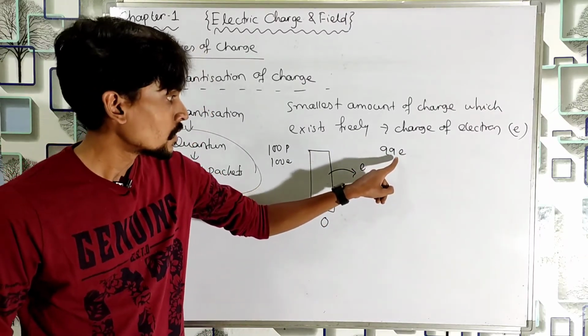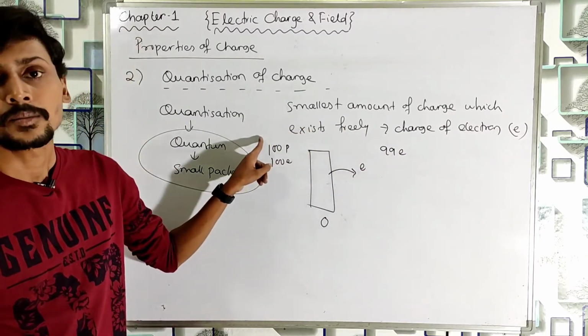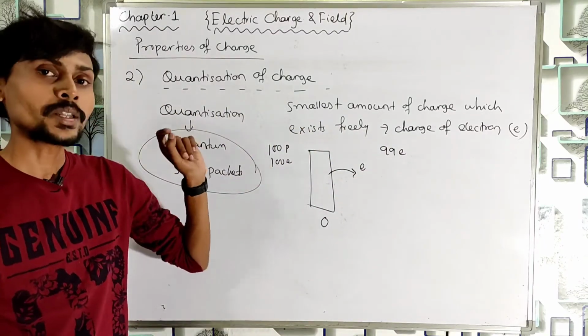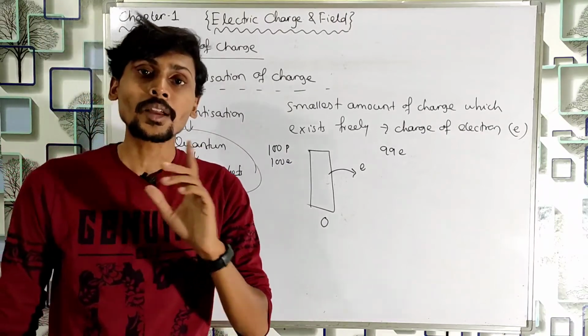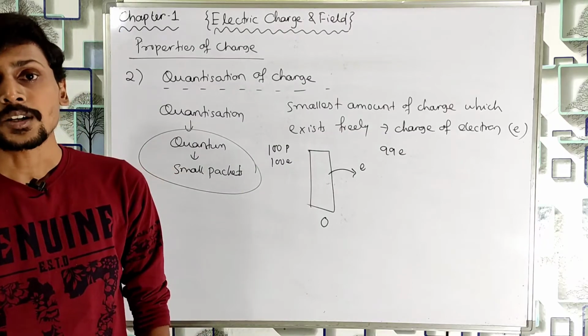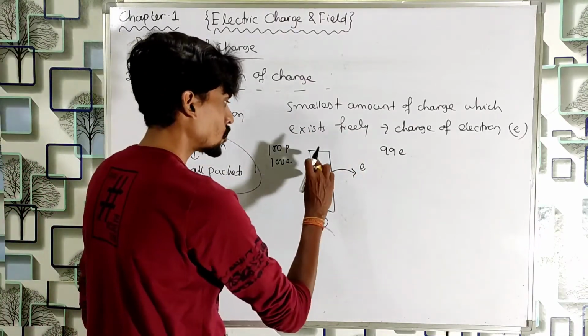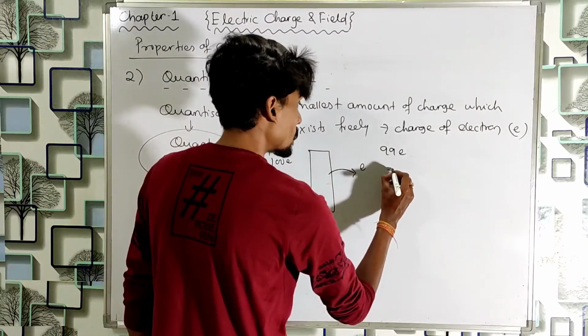Now you can see that the number of electrons and number of protons are not equal. The number of positive charge is more than the number of negative charge. It means the body will acquire a positive charge. So if one electron is removed, then the charge on the body will be plus E.